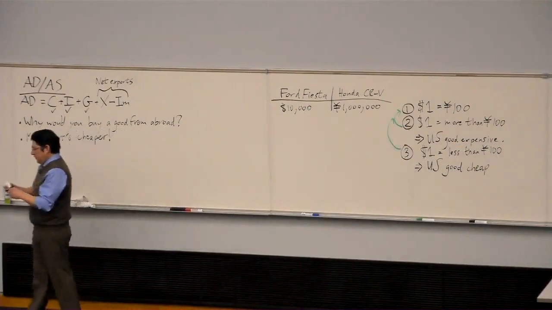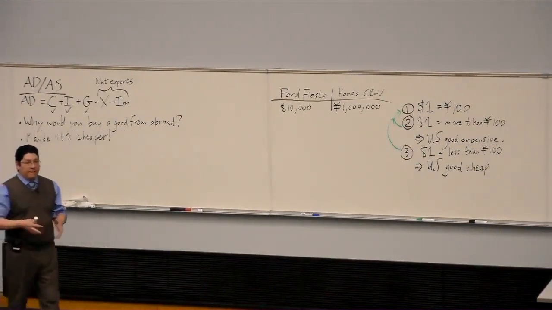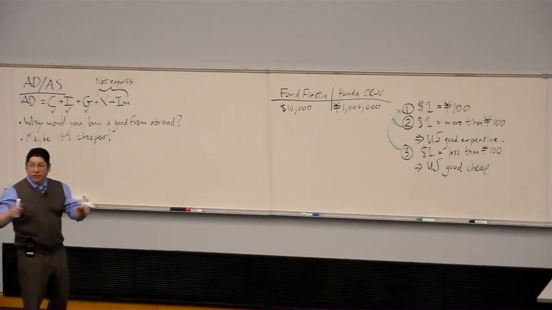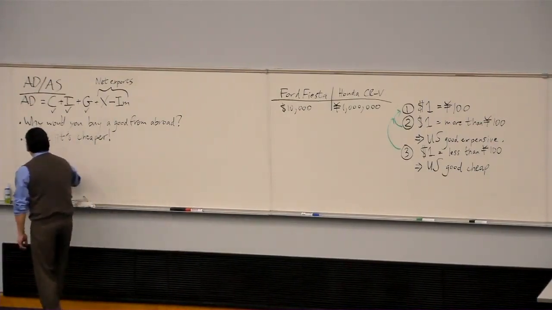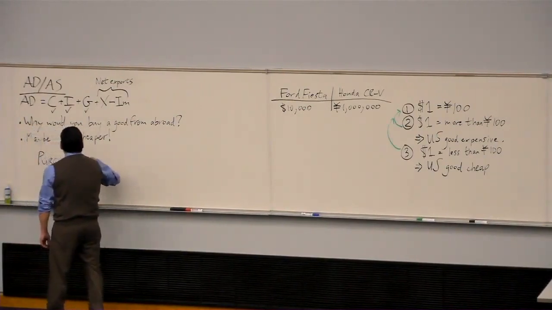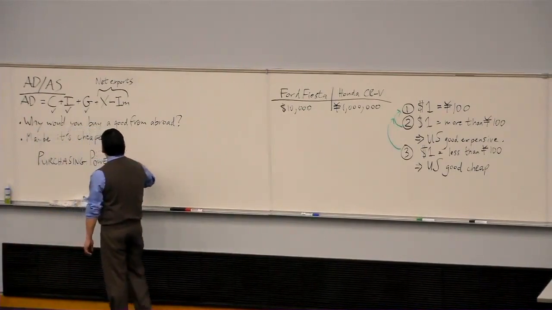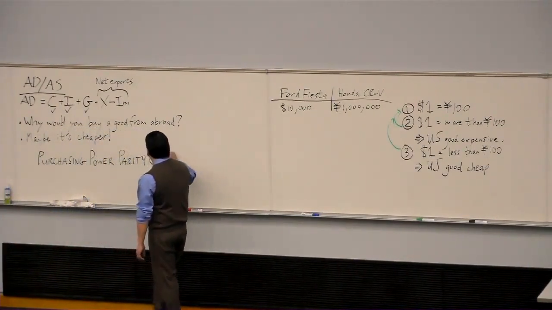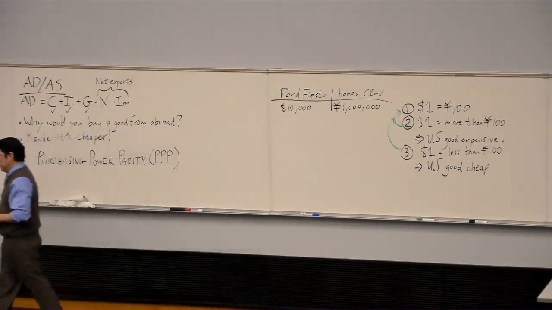This idea that exchange rates might be determined by equilibrating the value of different goods in various places is called Purchasing Power Parity, or PPP among friends.